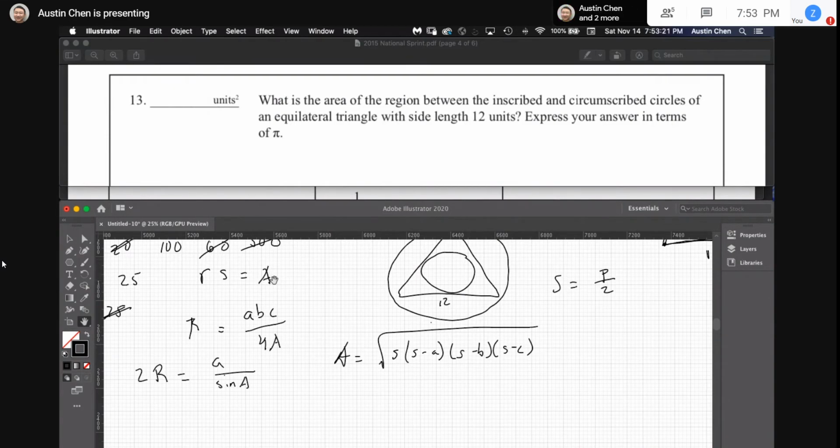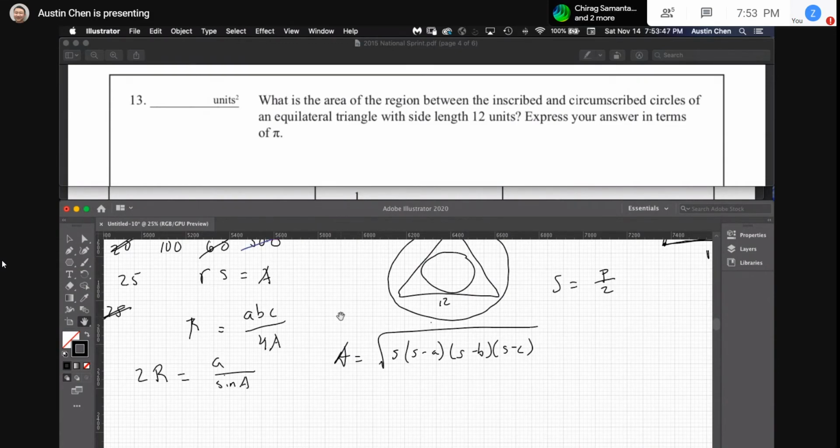So all these formulas for the inradius and the circumradius are just formulas of the sides. Which means if you just have the lengths of the sides of any triangle and nothing else, then you can figure out its inradius and circumradius, which is pretty cool. And you could also find its area.